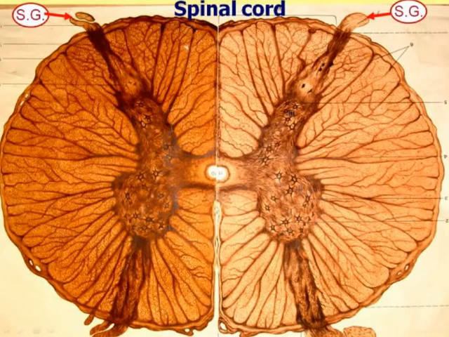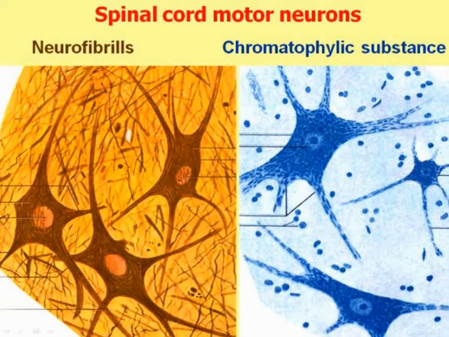This is the anterior fissure. These pictures demonstrate the motor neurons of the anterior horns of the spinal cord, stained for neurofibrils by impregnation and stained for chromatophilic substance, Nissl bodies demonstration.